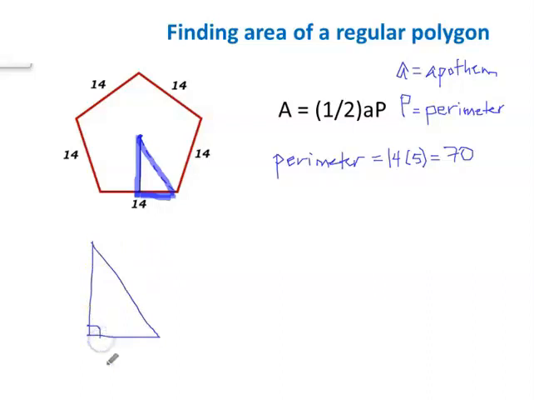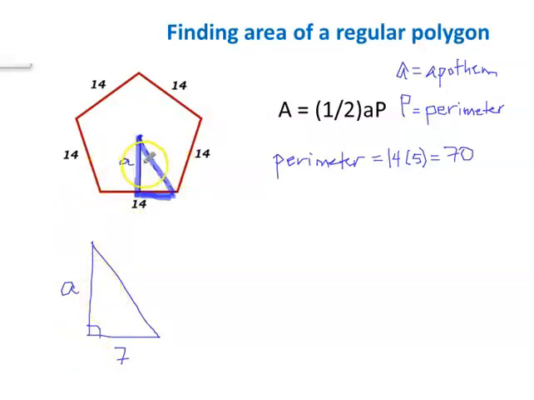All right, so we know that the length from here to here is 14. Half of 14 gives us the base of our right triangle. So half of 14 is 7. So I know the length of our base of our right triangle is 7. We need to figure out the apothem, so I'm going to label that A.